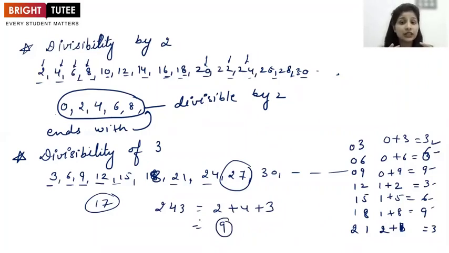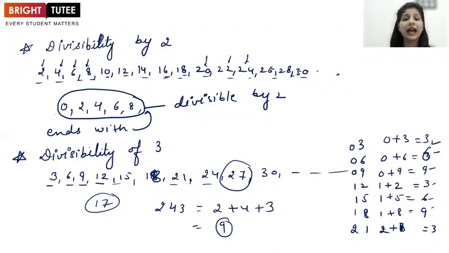Do you observe one thing, that when I am adding all the digits of that number, the sum is coming as a multiple of 3? It is coming as 3, 6, 9, all multiples of 3.